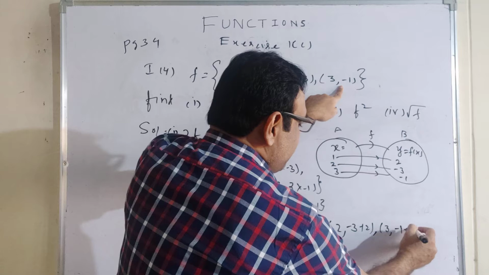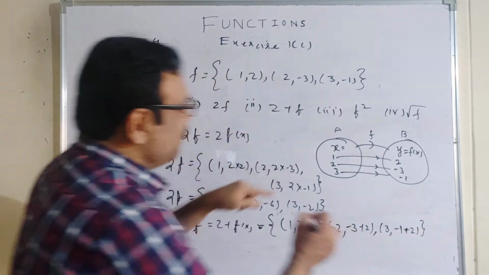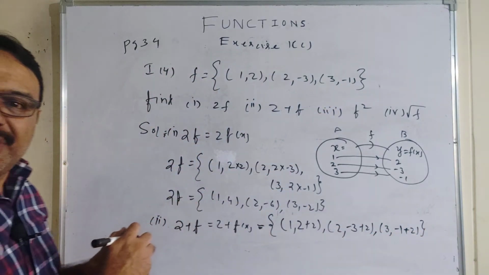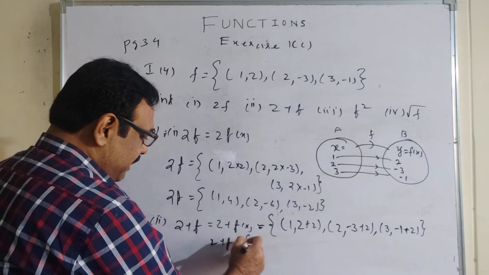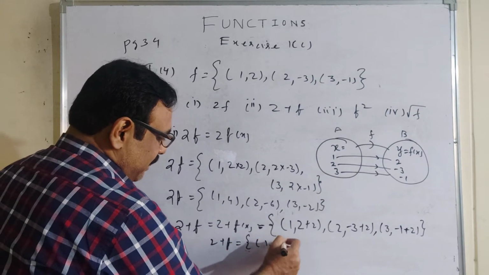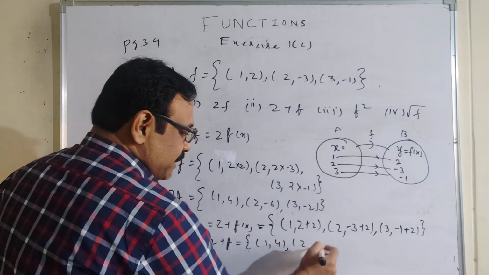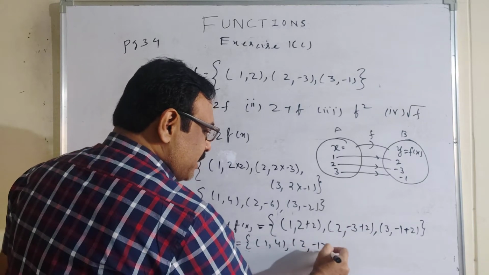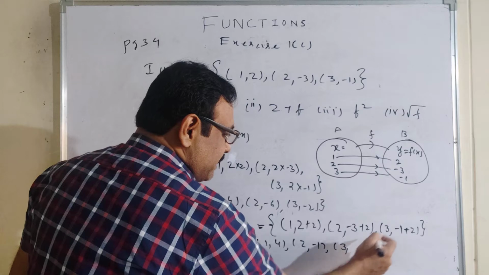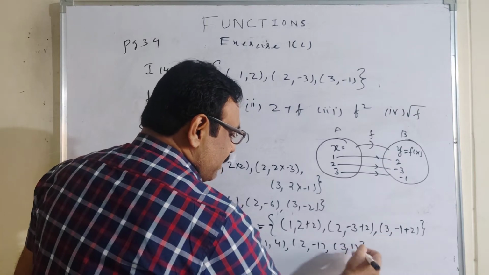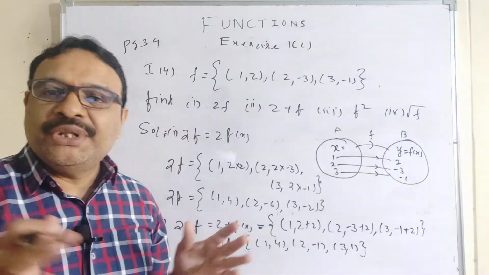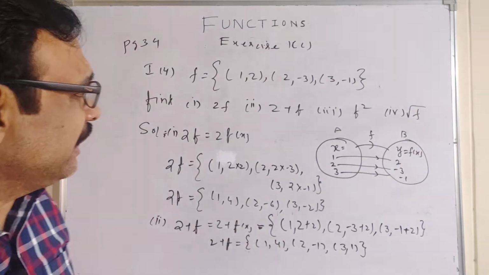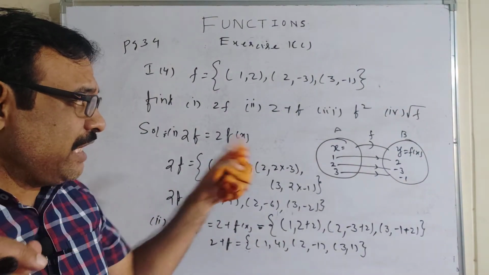So this is nothing but minus 1 plus 2. So what exactly are you going to get? The set, if you take, 2 plus f is equal to 1 comma 4, 2 comma minus 3 plus 2, which is minus 1, and 3 comma minus 1 plus 2, you are getting 1, and this is going to be the answer which you need to understand. Right. Now this is f square.